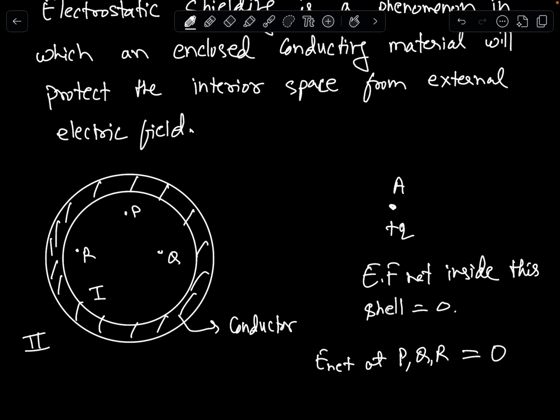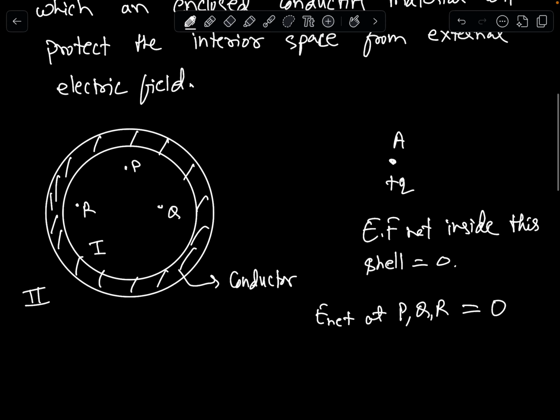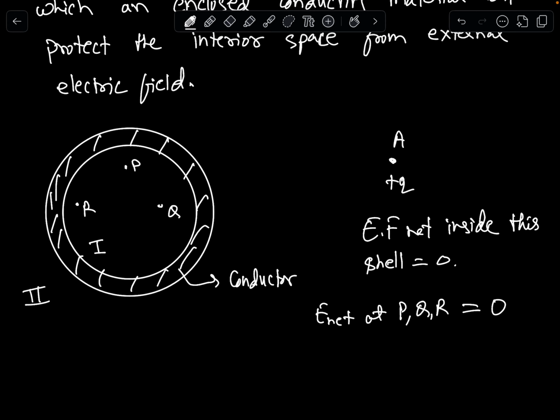Now the question comes, how does this conductor make sure that the net electric field inside this conductor or shell is becoming 0? The conductor achieves this shielding effect.